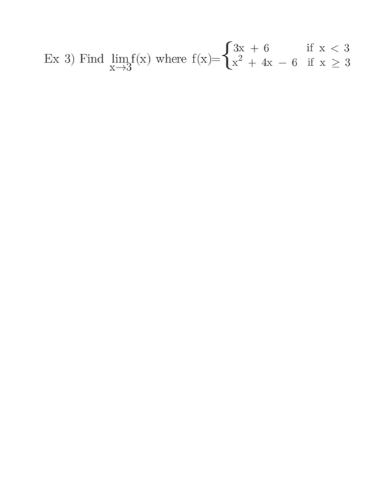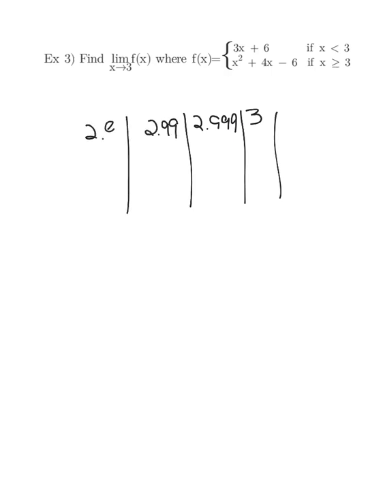So for the left side, remember we are approaching 3. So 3 is our center number. To the left of that, we should have 2.999, 2.99, and 2.9. Remember, again, we don't care about 3 exactly.